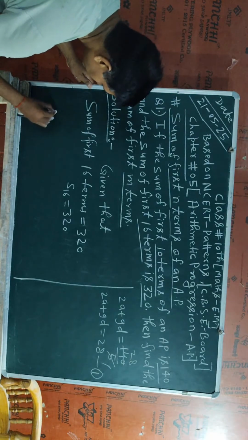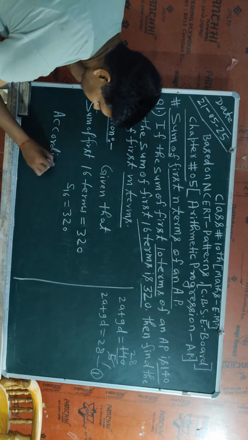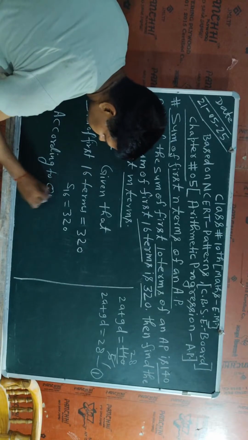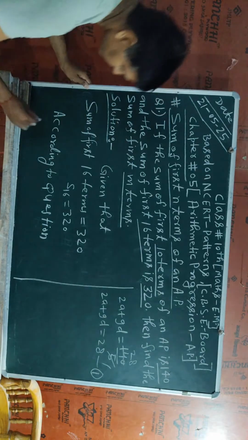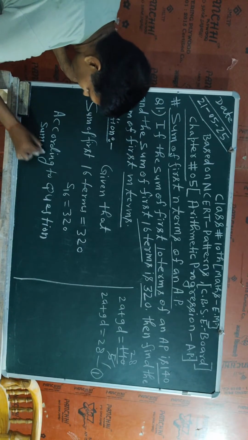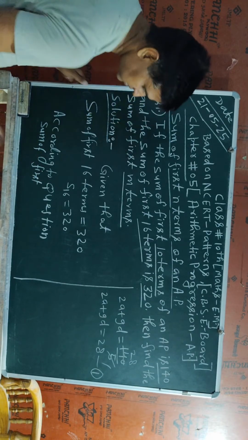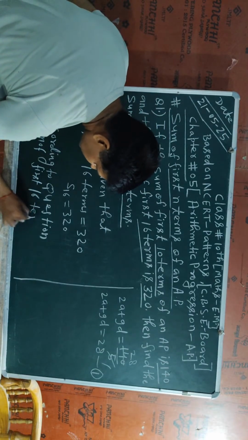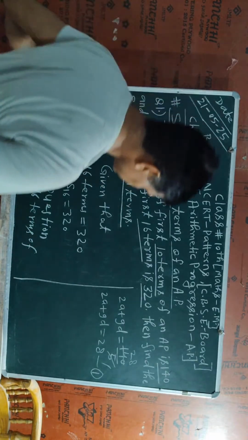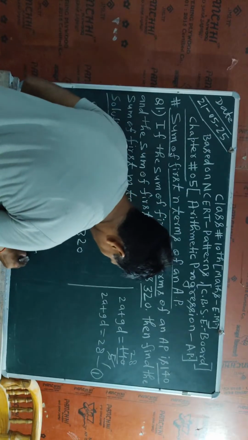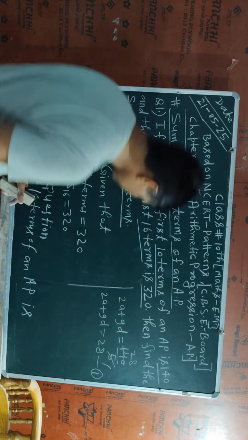Here I will write according to the question, the sum of first 16 terms of an arithmetic progression is, and I have to write that formula above.